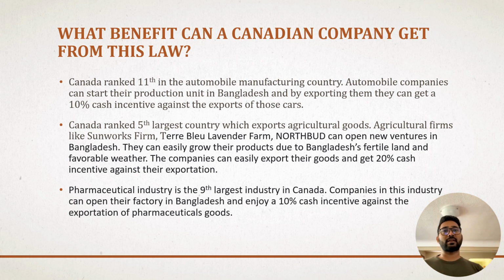The second thing is Canada ranked fifth largest country which exports agricultural goods, and there are a few agricultural farms in Canada, like Sunworks Farm, then Terrybly Lavender Farm, and others.